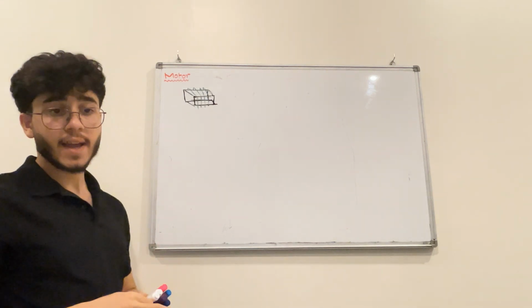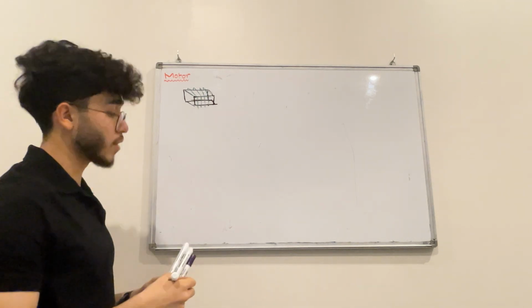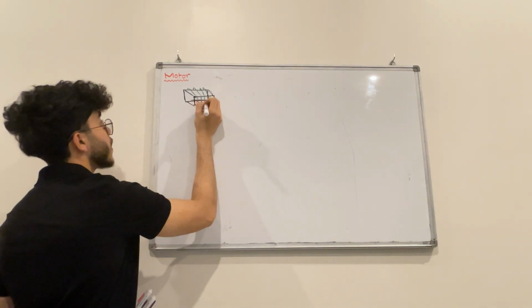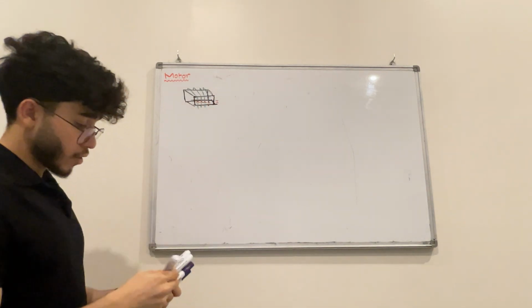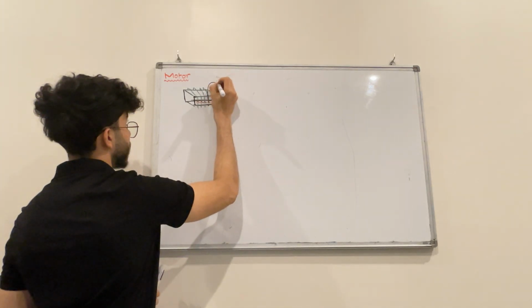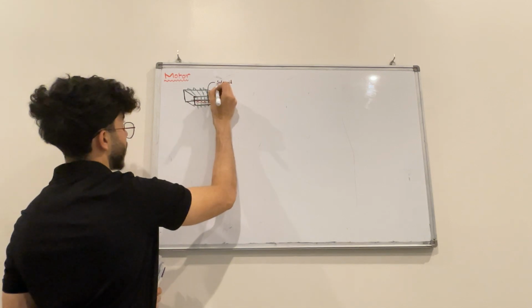Let's say in this one, there is a current in the coils. So let's use this color to represent the current in the coils. The red represents the current. The black one, like we said, is a solenoid or electromagnet.